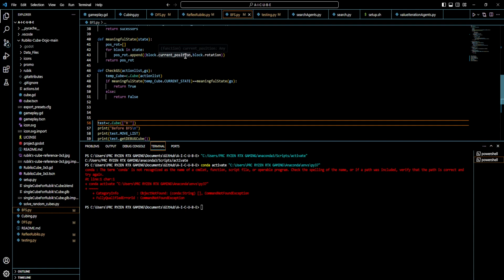It's a bunch of blocks and colored squares. So to make it something readable, I took from it the block position and the block rotation. So where the individual piece of the cube is at a given time and if it's rotated at all.